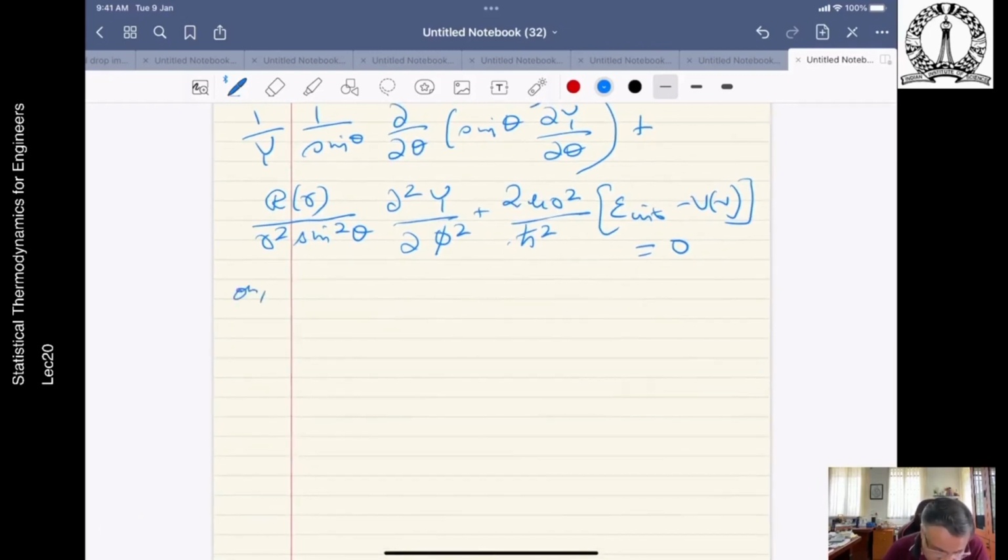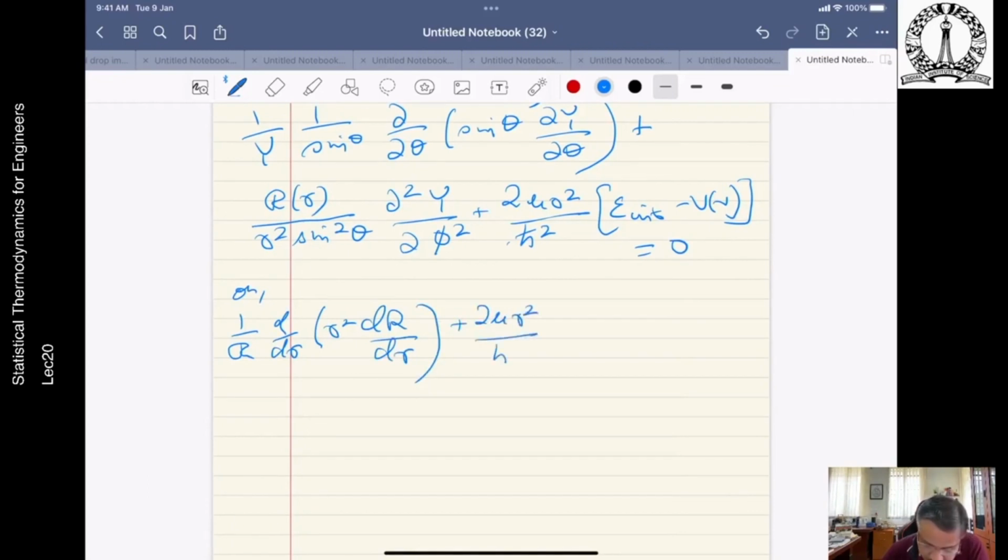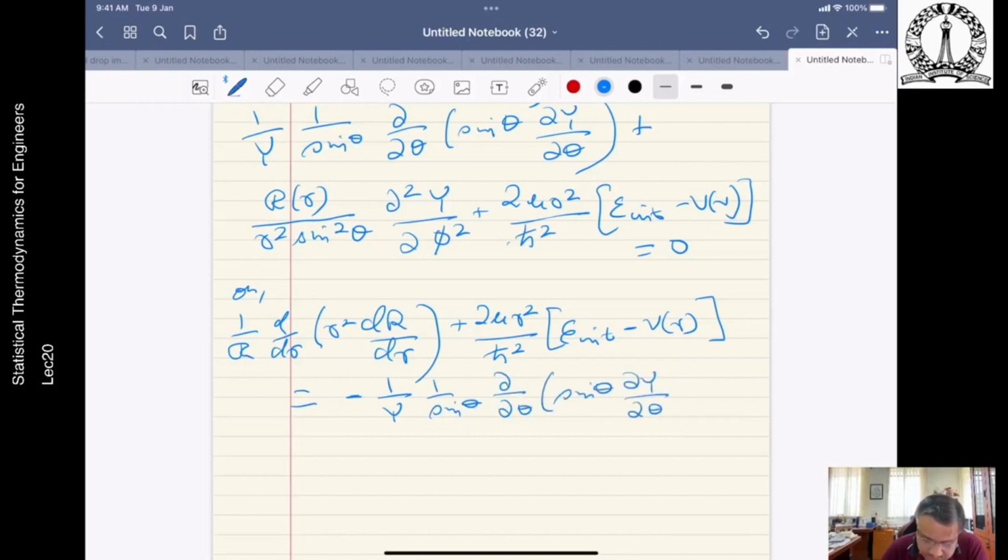So it will be 1 over R d by dr squared, plus 2 mu squared by h bar squared, E internal minus V(r), which is equal to, so the right hand side is all theta and phi: minus 1 over Y sine theta d by d theta of sine theta dY by d theta, minus 1 over Y sine squared theta d squared Y by d phi squared.